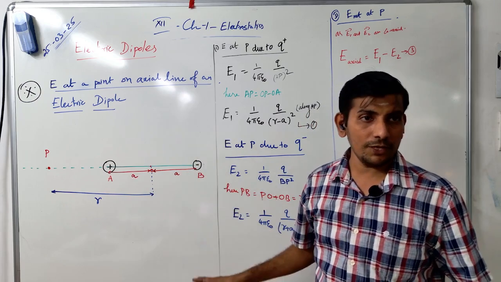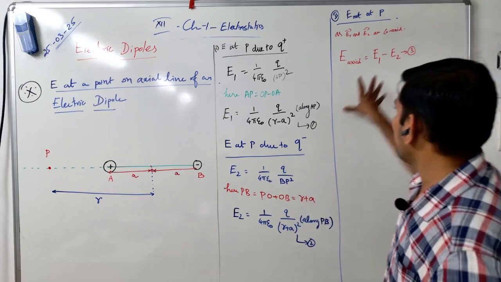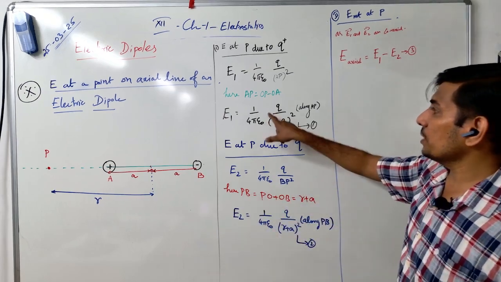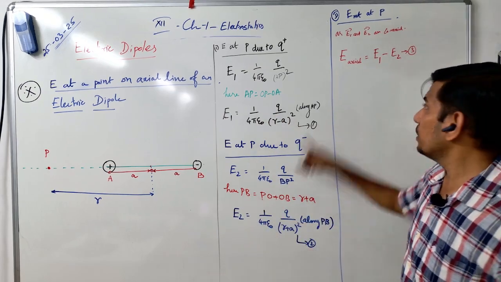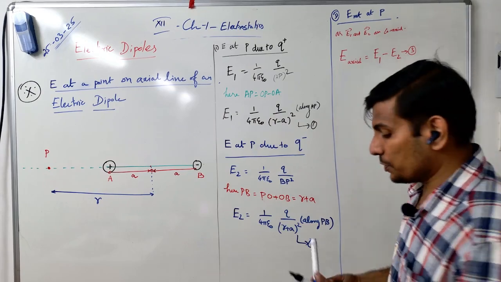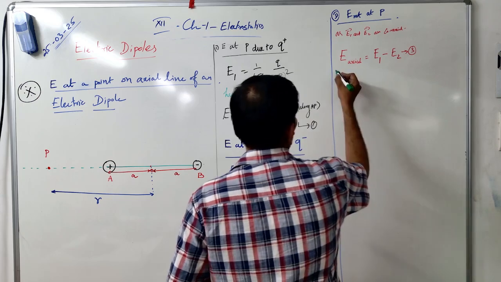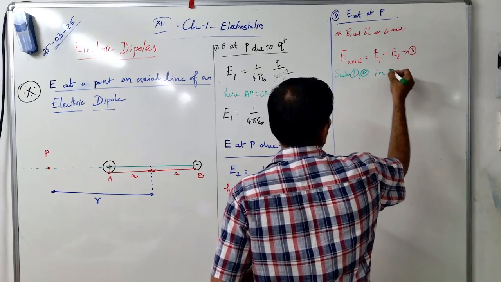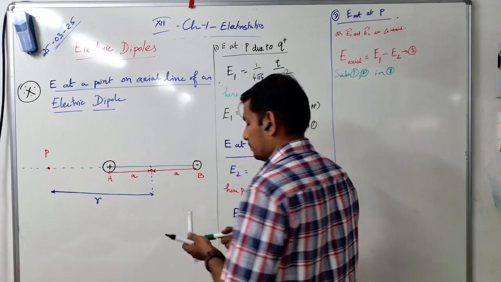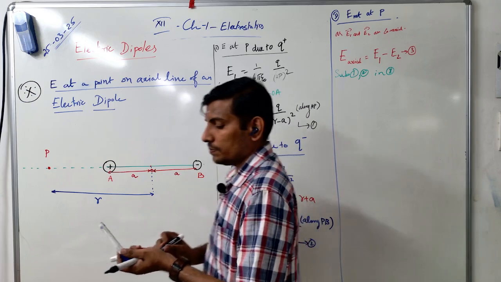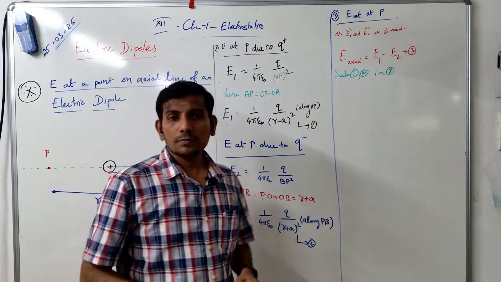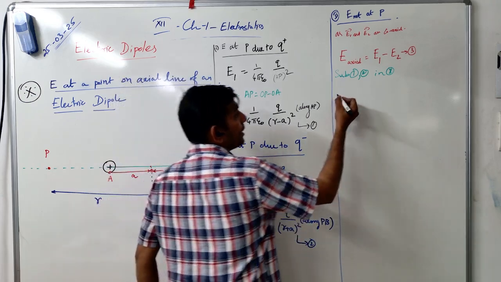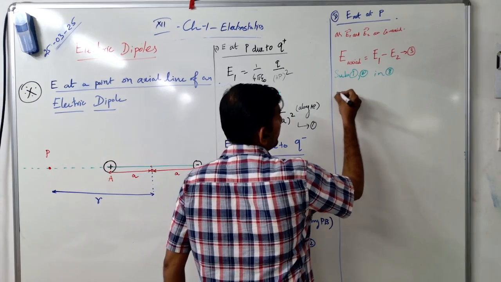So I am taking him as the majority, him as the minority. Let me elaborate this equation. I am going to substitute equations 1 and 2 in equation number 3. By substituting, I get E on the axial line.